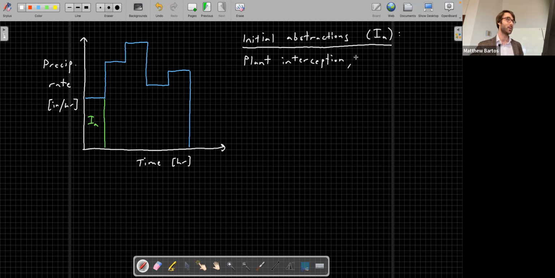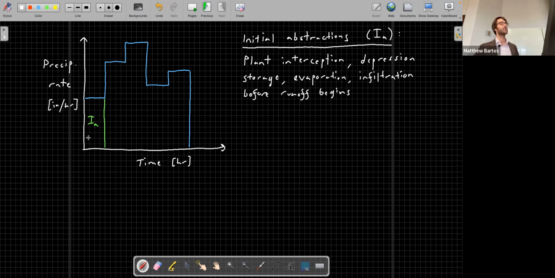We have depression storage, so water that gets trapped in local depressions in the landscape. Initial abstractions also includes things like evaporation in this context. And probably most significantly, for the SCS method, it also includes the infiltration before runoff begins.